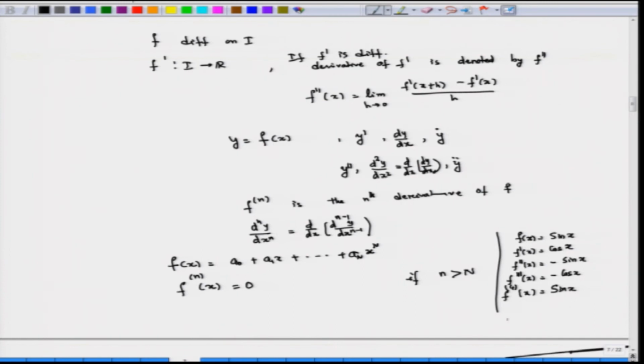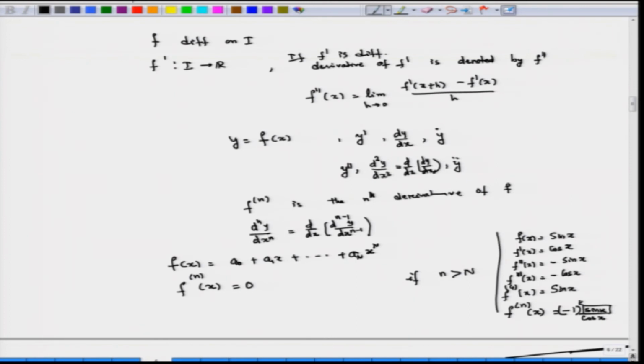So you would like to write f n of x as minus 1 to the power k times sin x or cos x. It will be a good exercise for you to figure out what the sign of this derivative is, and when you are going to get sin x or cos x. Nevertheless, f of x equal to sin x is differentiable, and the nth order derivative of sin x exists for any n.